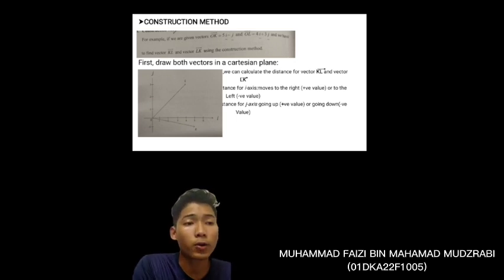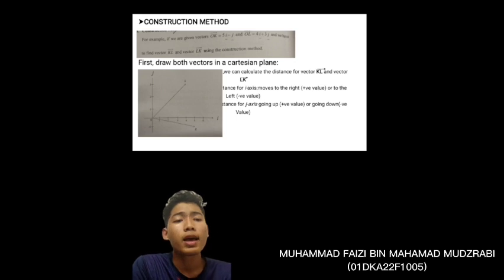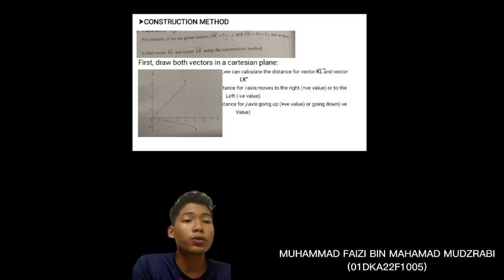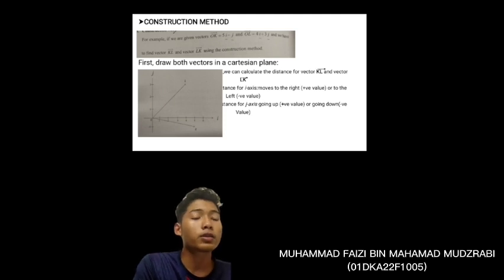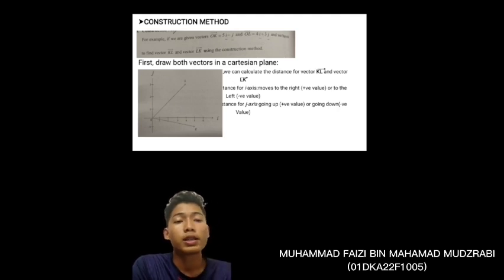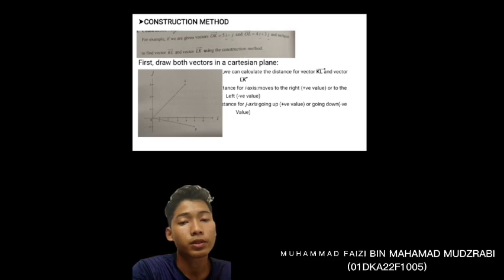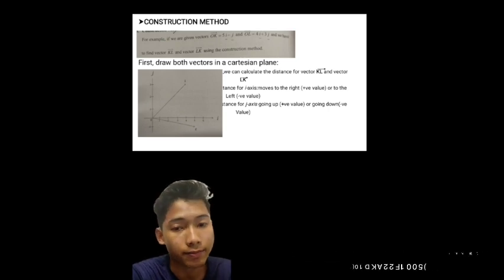Then we can calculate the distance for vector KL and vector LK. The distance for the i axis: moving to the right is a plus value, or to the left a negative value. Distance for the j axis: going up is a plus value, or going down a negative value. This is the picture and you can see that.